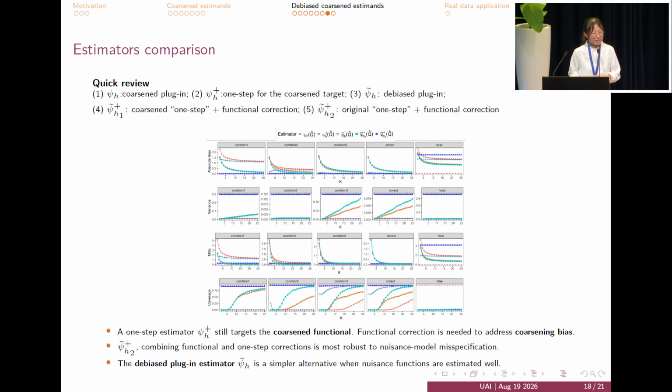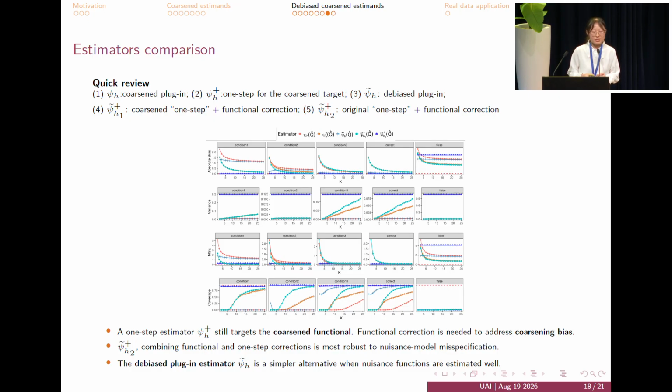So currently, we have two previous plugin estimators and the three one-step versions. We can compare them under different model misspecification conditions. Here, the plot is crowded, and we don't need to care much about it. If you are interested, you can check my paper, and we can discuss more later. Here, I just want to highlight some results.